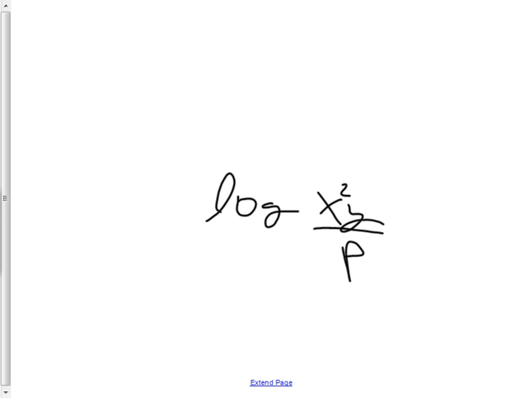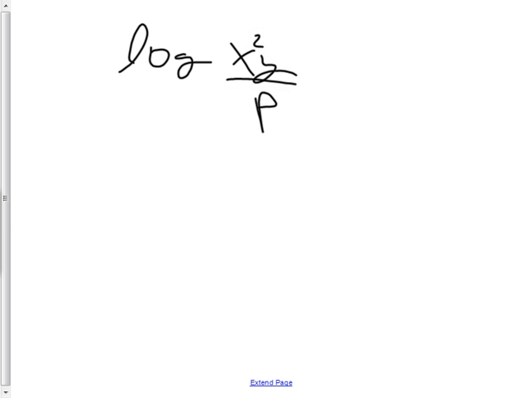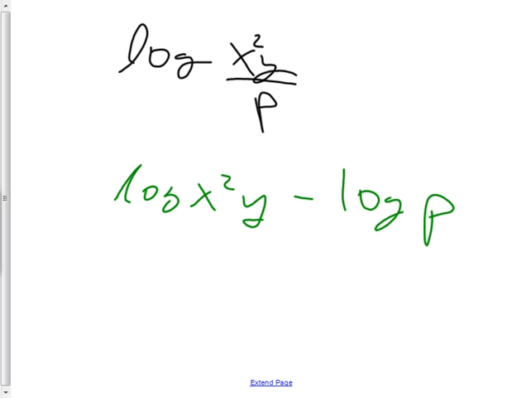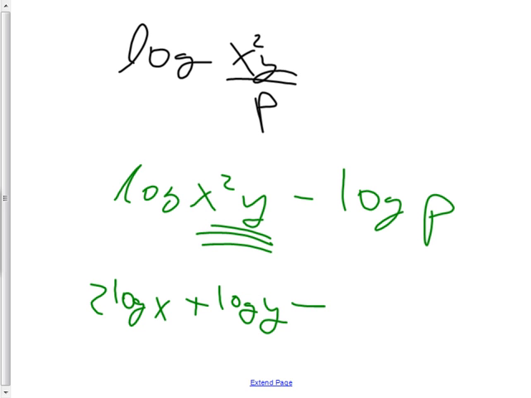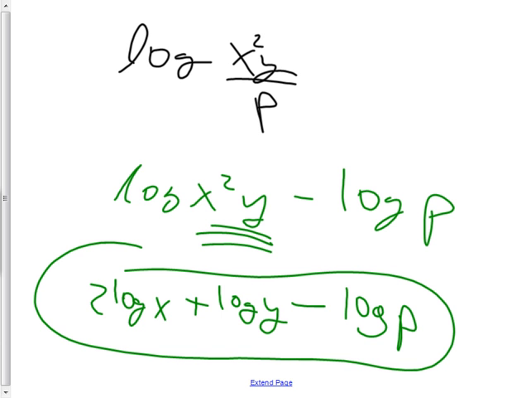So I'd have to rewrite this one as log x squared y minus log p, and then I could split this one up into log x and log y being added, and then I could take that little 2 and drop it down in the front, so it would be 2 log x, and then multiply, change it into an add, log y minus log p, and there is the expansion for that.